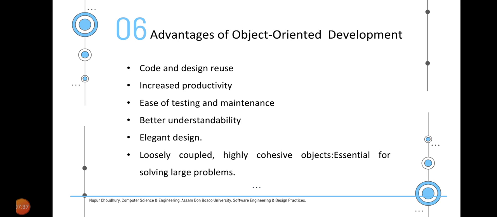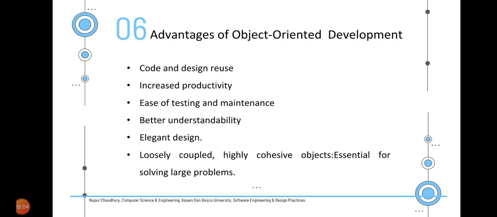Next we will talk about the advantages of object oriented development. The first one is we can reuse and make repeated and multiple uses of the code and design. It will increase the productivity because everything will be checked from the perspective of an object and its lifetime.